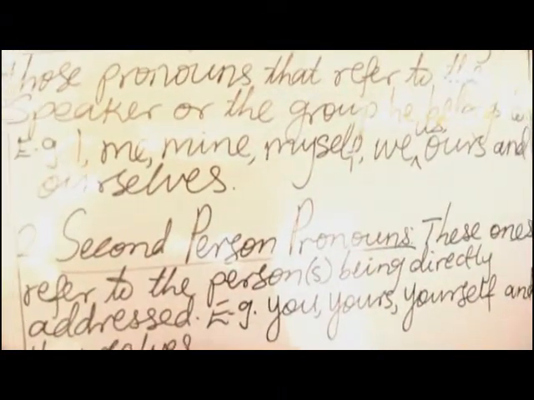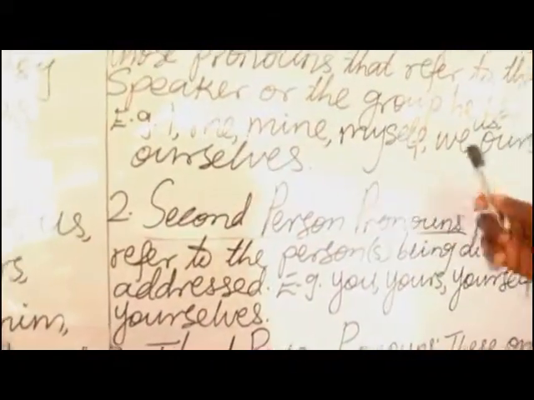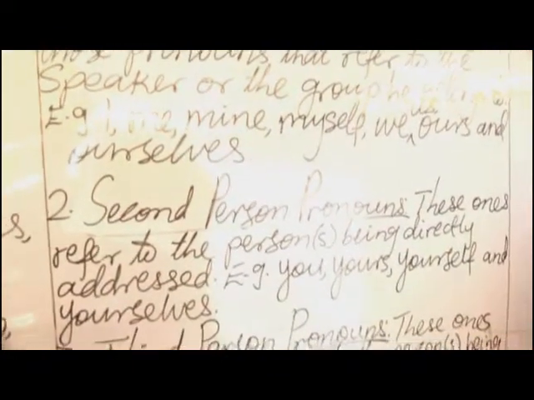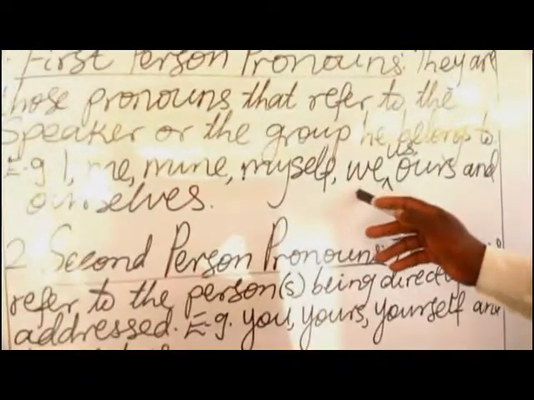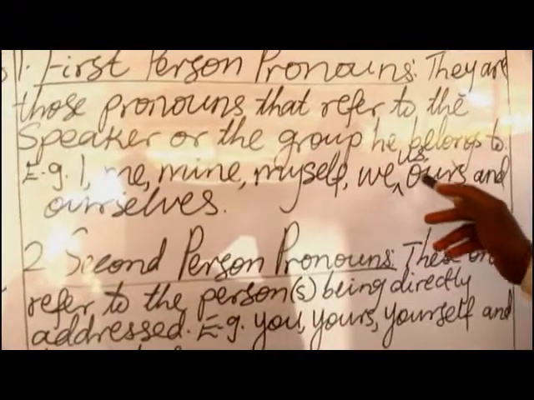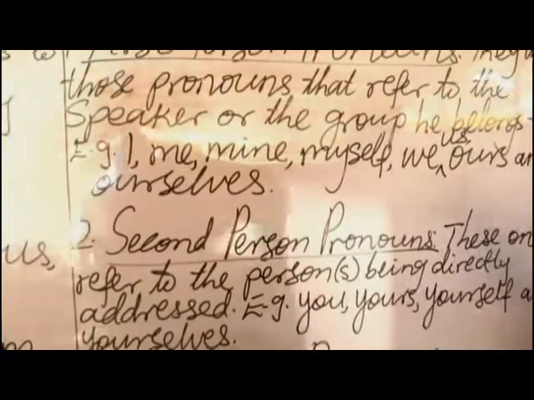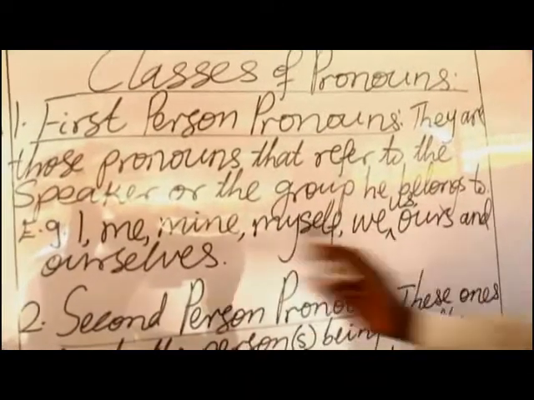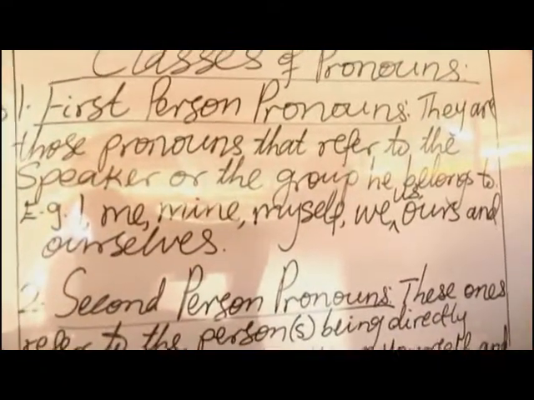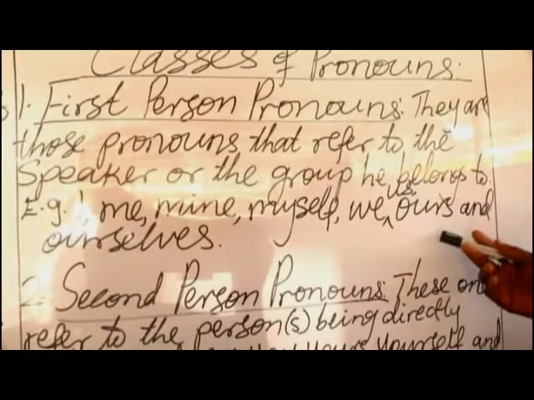You see, when I use any of these four pronouns, I am directly talking about myself, the speaker. When I equally use these ones, such as we, us, ours, ourselves, I am involved. So that is first person. All of them are first person pronouns, because it is either I am talking about myself or I am talking about the group I belong to.